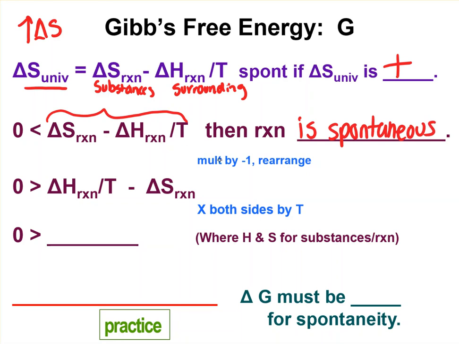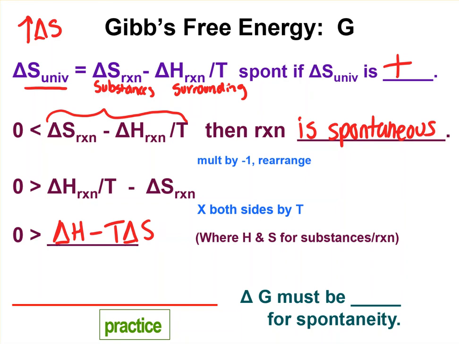And then, I made a mark over here, we're basically just rearranging this equation, and what we come down to here is we get this. This is flipped and rearranged, but basically this says that if you add these up and you get a negative number, then the reaction is spontaneous.